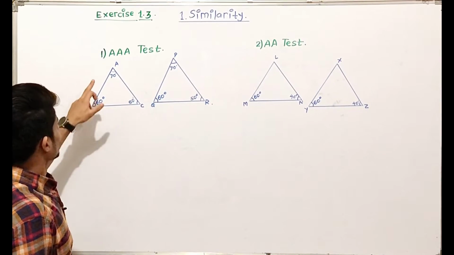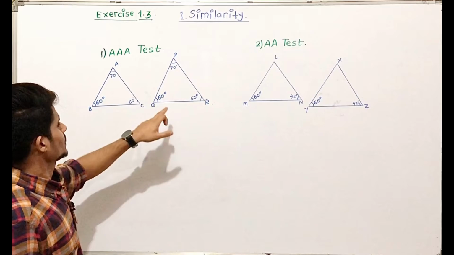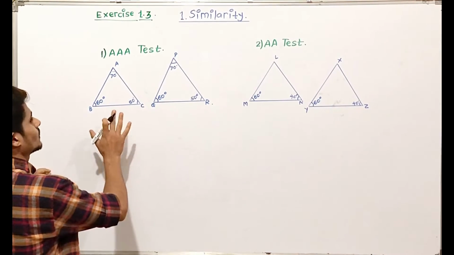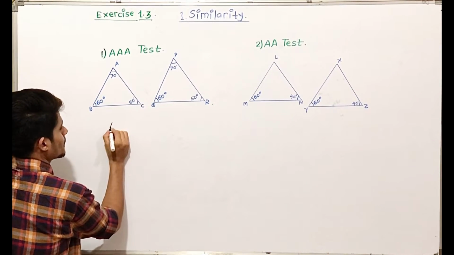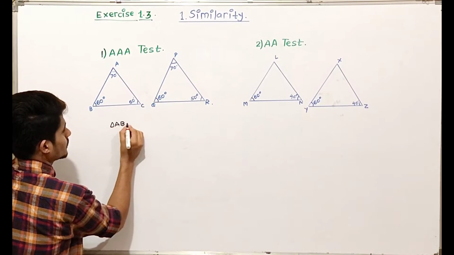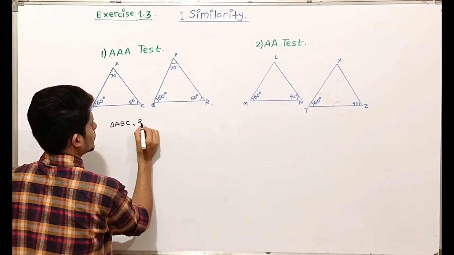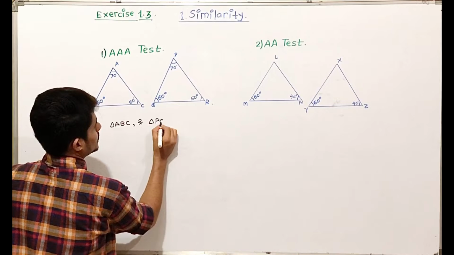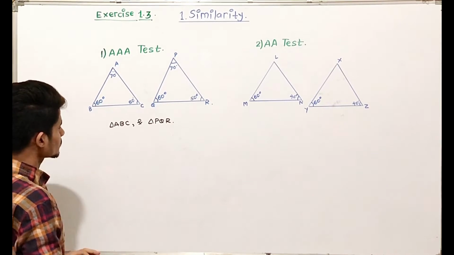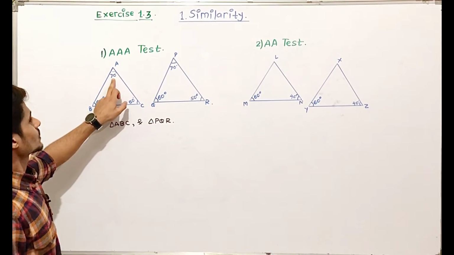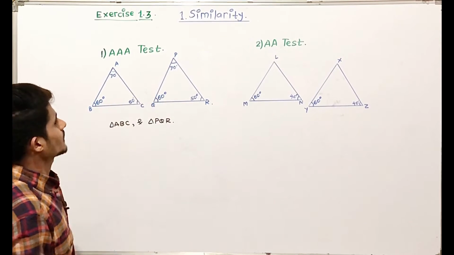So we have two triangles, ABC and triangle PQR, in which the corresponding angles are congruent.